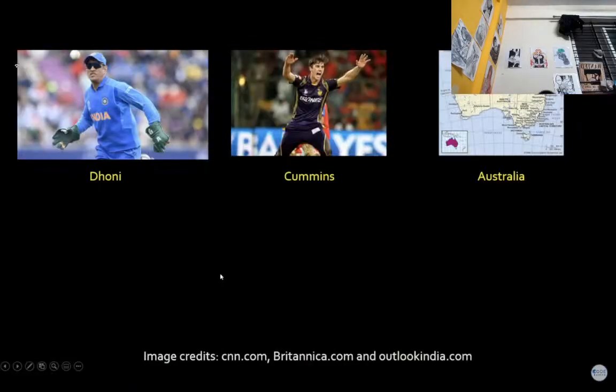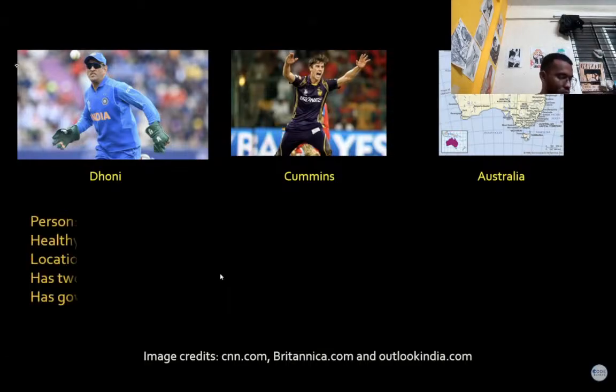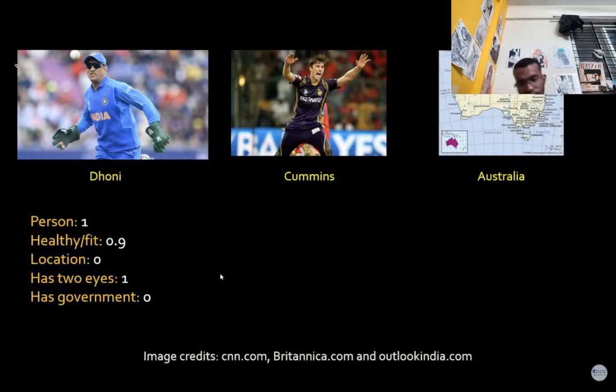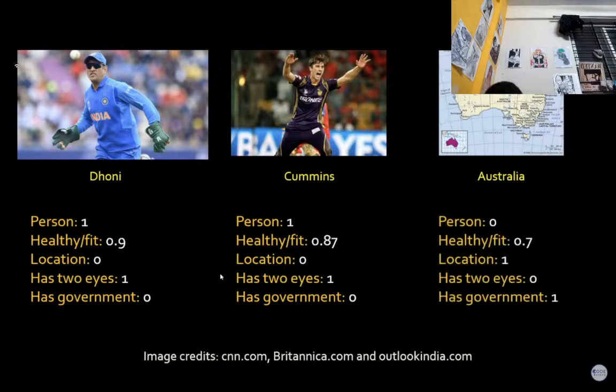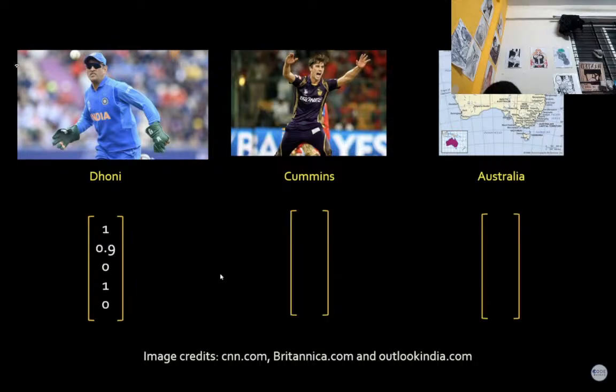In the last session, we saw how you can represent words using vectors like this, where it can represent the meaning of a word meaningfully. For example, here I have two cricket players, Dhoni and Cummins, and one of the ways to represent the word vector is by using features such as person, healthy, fit, location, and so on. And when you do that, what you find is the vectors for Dhoni and Cummins, who are cricket players, look quite similar.